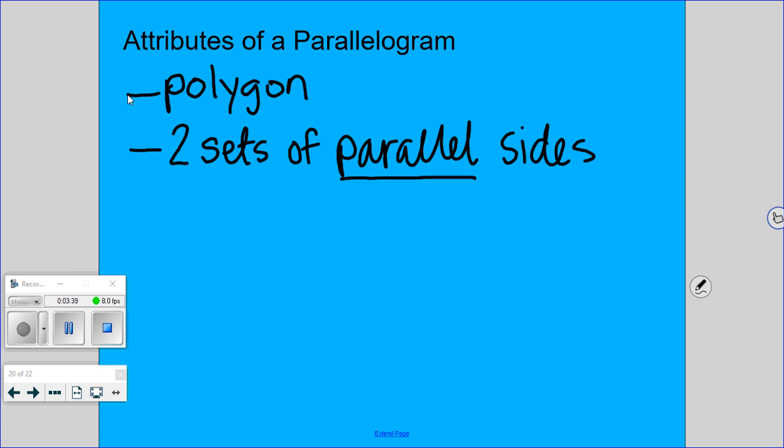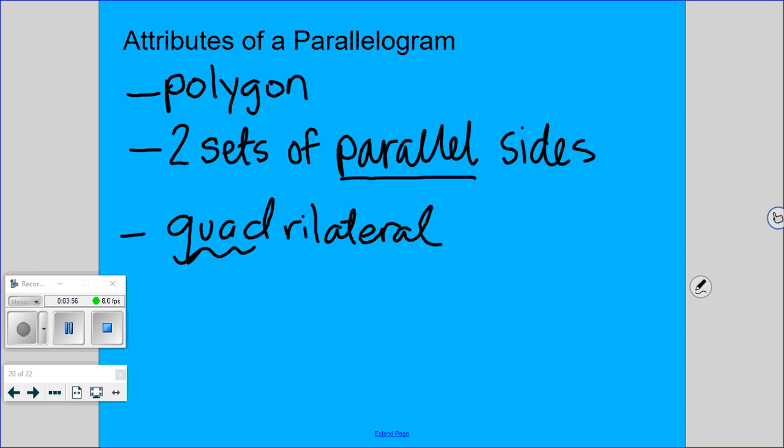It's a long one. Kylie, do you remember? Quadrilateral. That prefix quad is a hint because quad means four. So a quadrilateral is a shape with four sides and four angles.